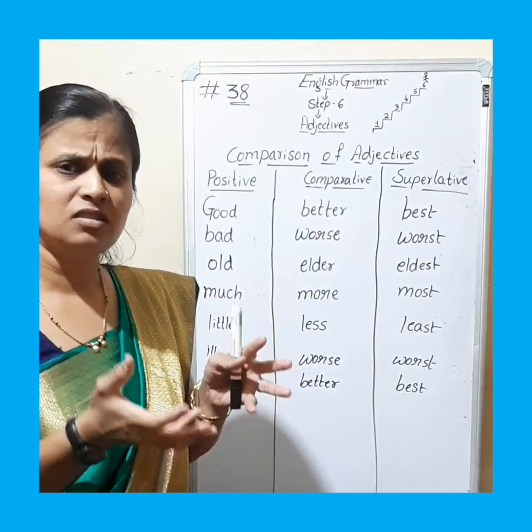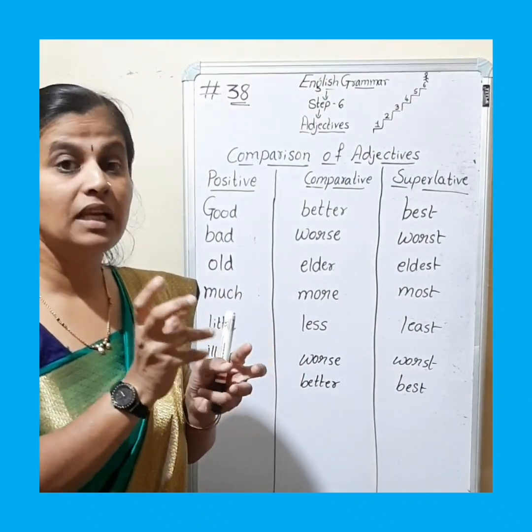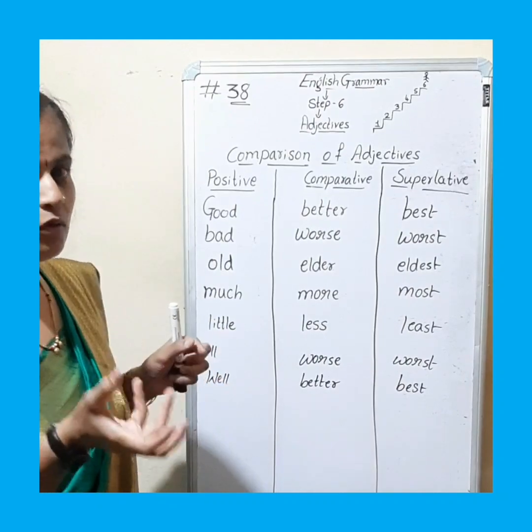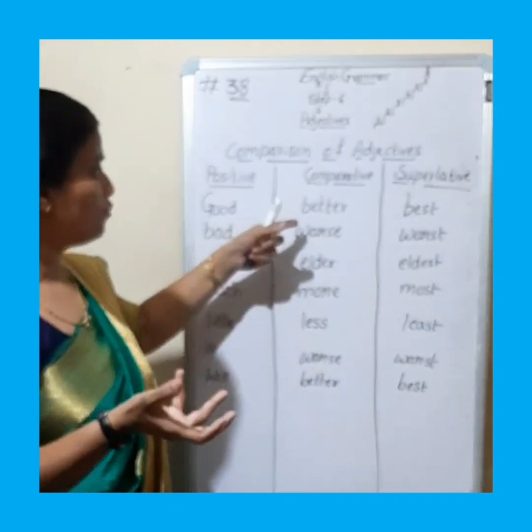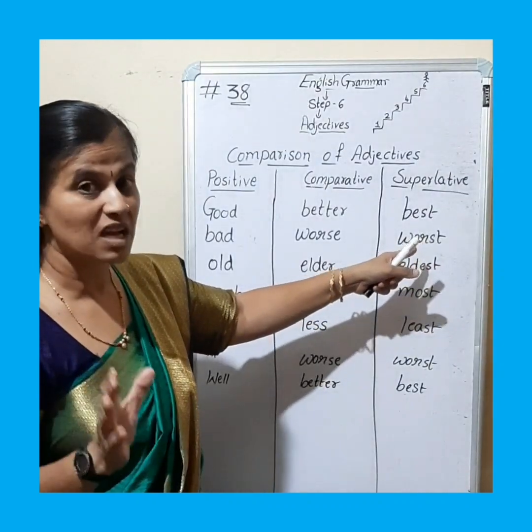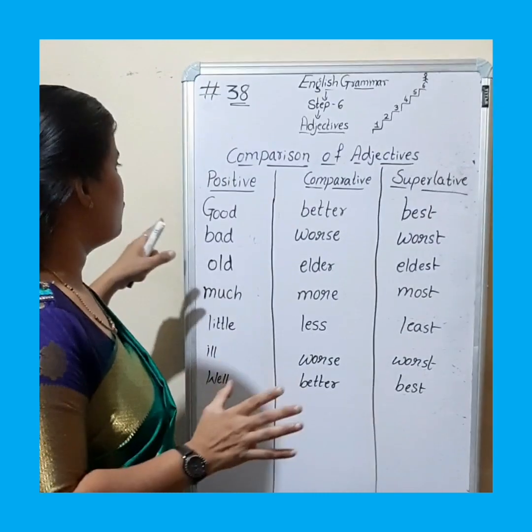Whereas there are some words which are compared irregularly. Let us have a look over a few examples. These comparative as well as superlative forms are not formed by using the positive form.